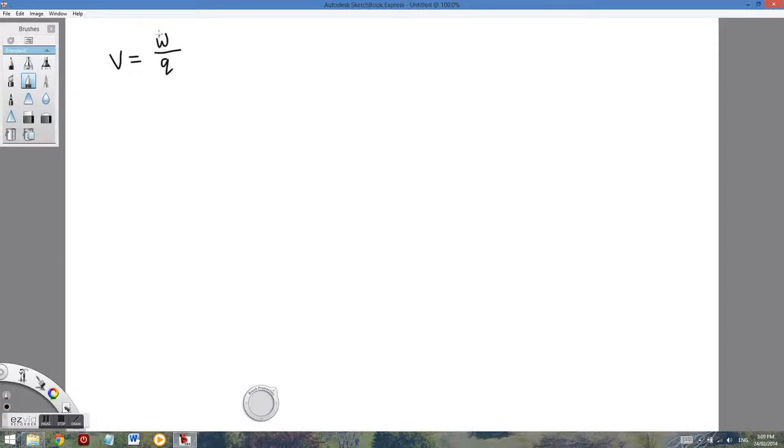Let me write down the unit: 1 volt is 1 joule per coulomb. W here stands for potential energy.